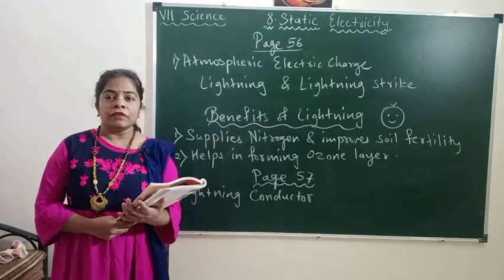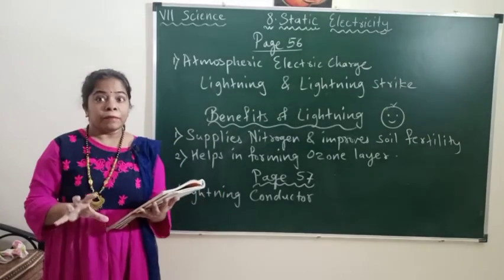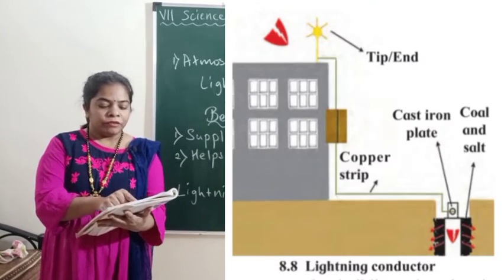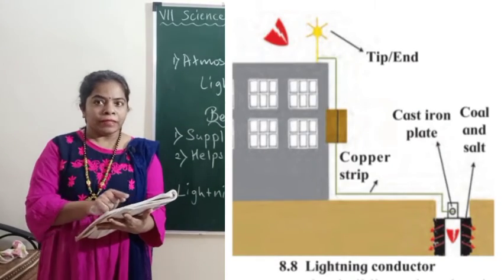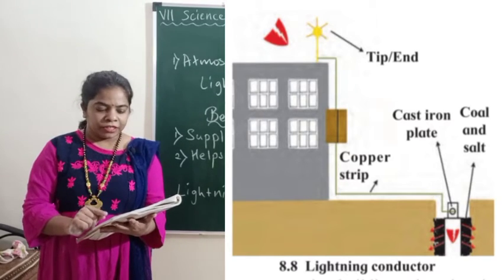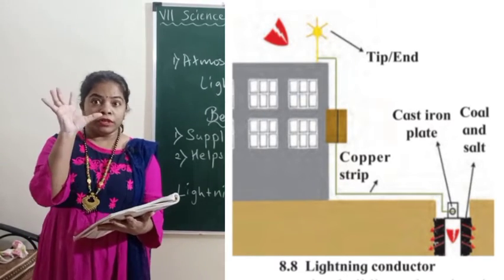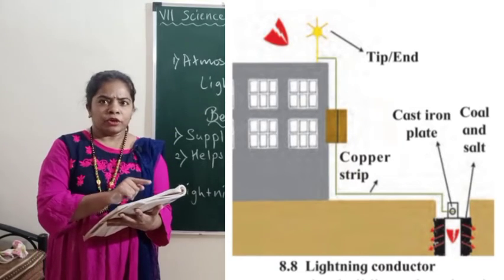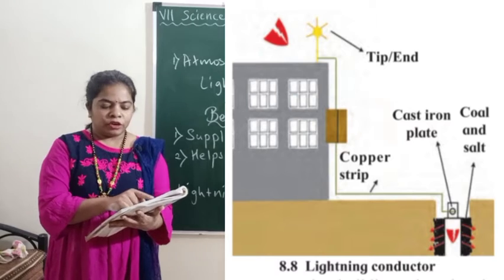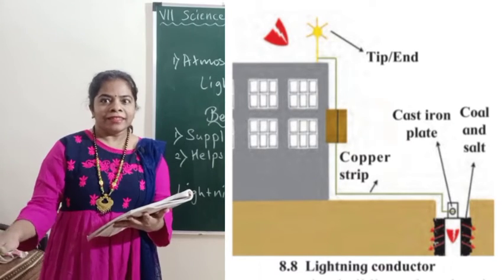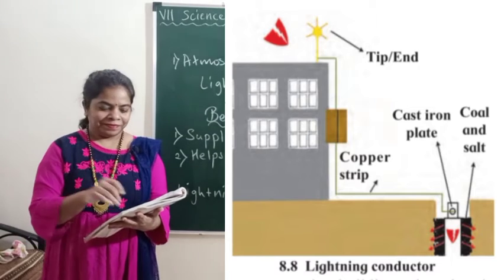So let us see what is the build-up of the lightning conductor. The lightning conductor is a device used for protection from lightning strike. It consists of a long copper strip with one end forked. See the sharp ends. This end is at the highest part of the building. The other end of the strip is connected to a plate of cast iron, which is down in the ground.